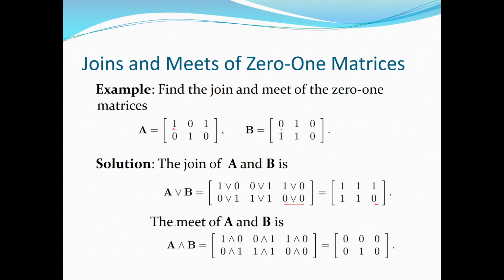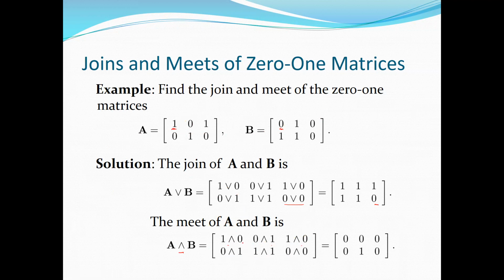And what if we do the meet of the two 0 1 matrices, right? So meet is A and B. So here you can simply say 1 and 0, right? You can see from the values here, 1 and 0, 0 and 1, 1 and 0, 0 and 1, 1 and 1, 0 and 0, from the corresponding values of the matrices.